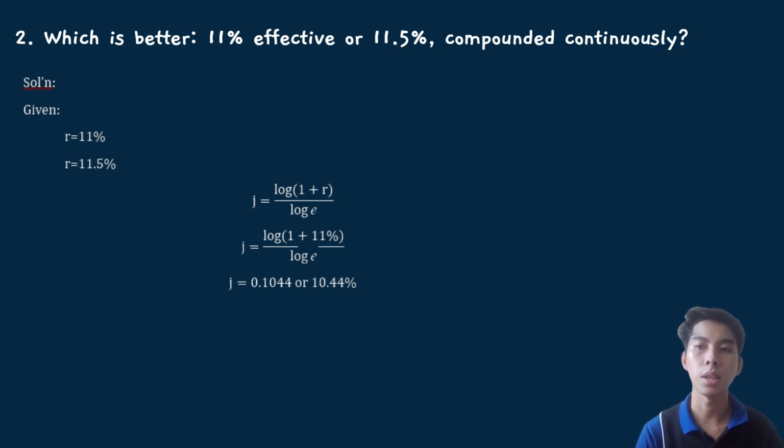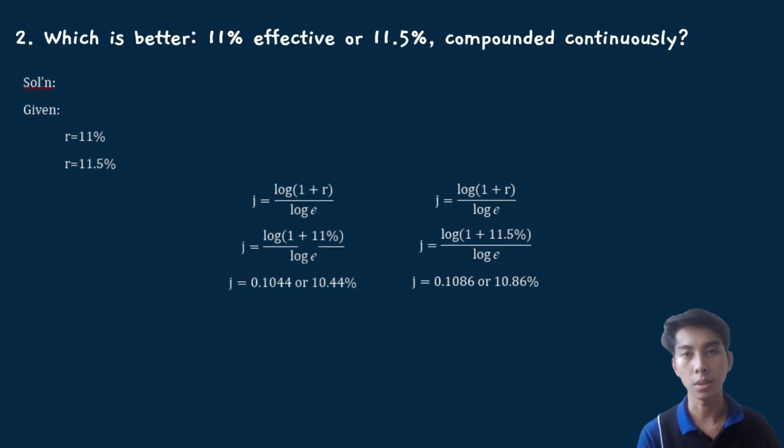We use the formula J equals log of 1 plus R all over log of E. Substituting, J equals log of 1 plus 11% all over log of E, which gives 0.1044 or 10.44%. To know which is better, we solve for the second given to compare which results in a higher nominal rate.